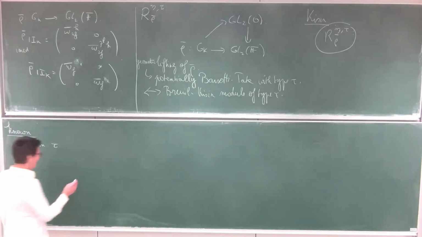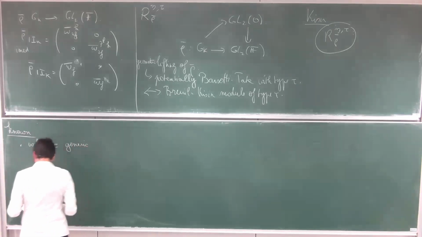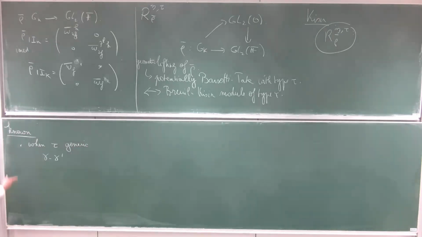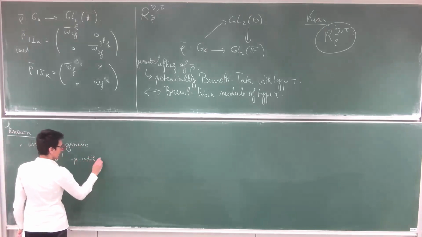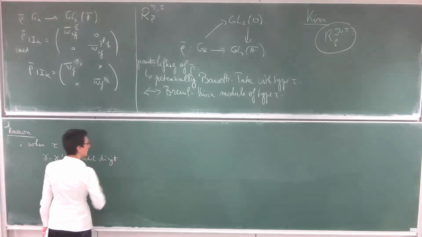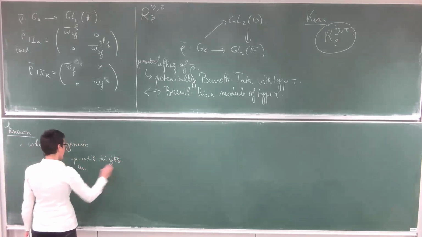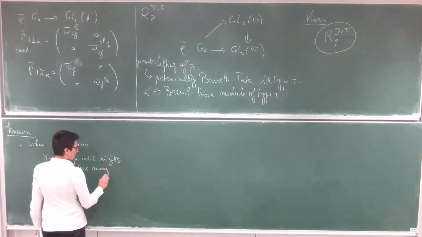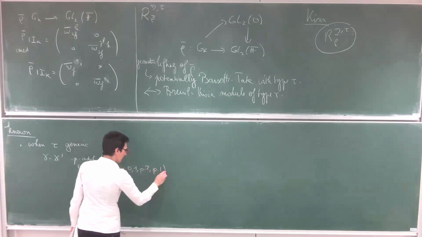So when tau is generic. What does it mean to be generic? It means that you can write the periodic digits of this element, and you assume that the periodic digits are away from 0, 1, p minus 2, and p minus 1.